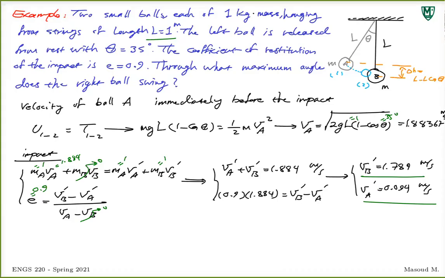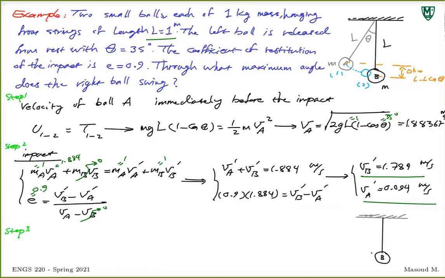So this was step 1. Step 2. Step 3. Here is where we are. We now know the initial value for B, so it's the initial velocity.